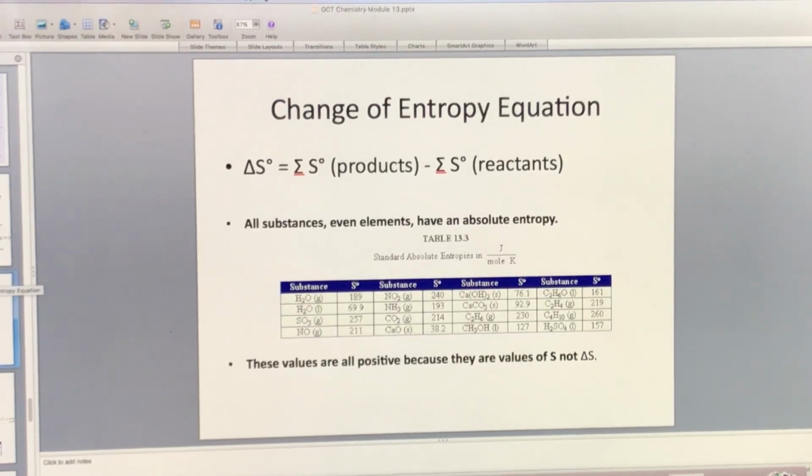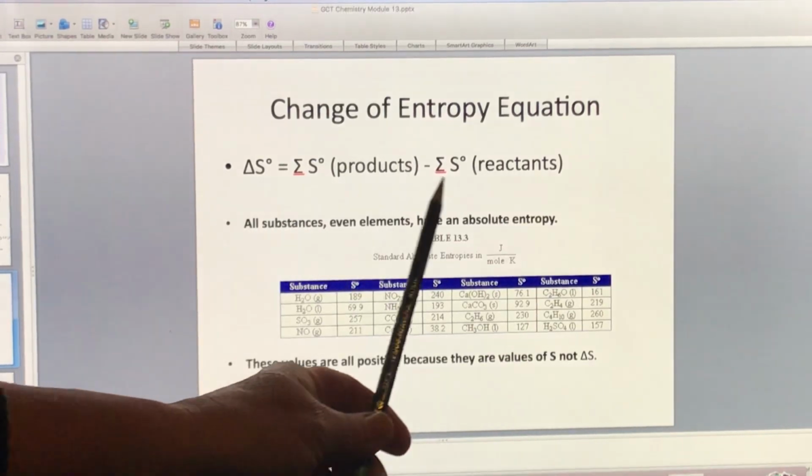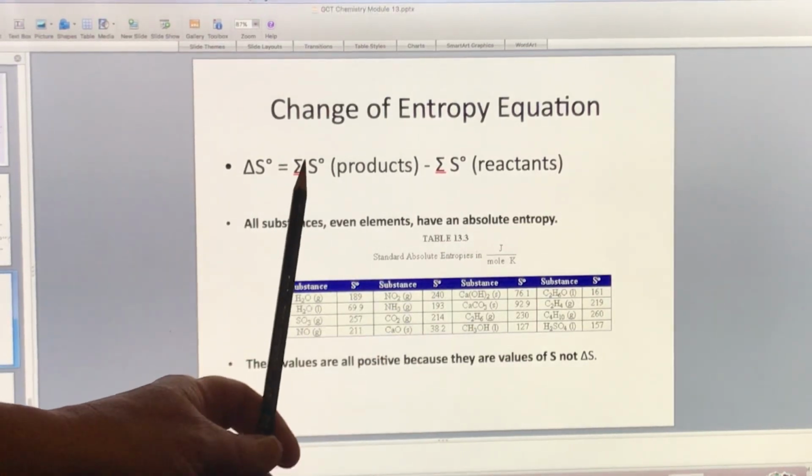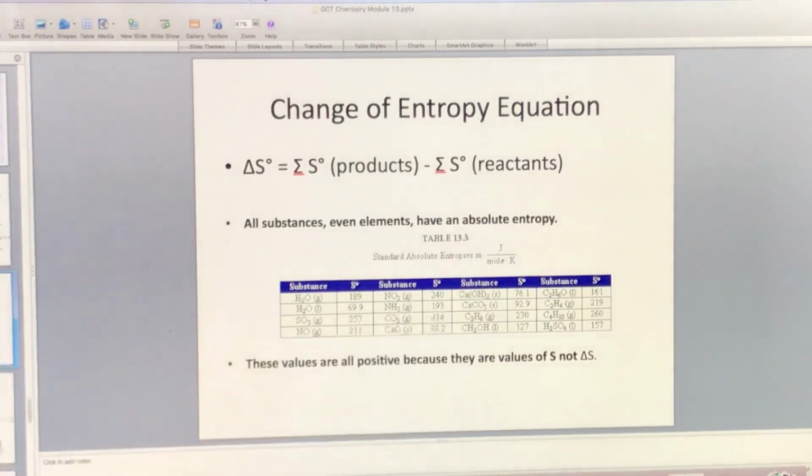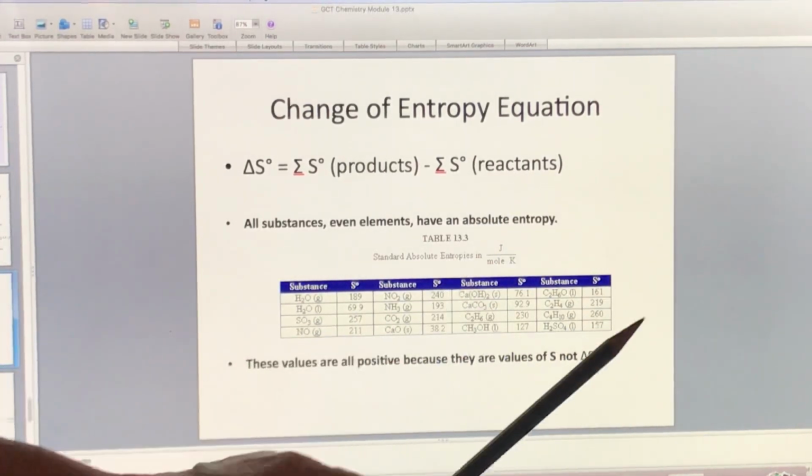All right, so we can apply some of the similar mathematical principles that we've been using earlier in the chapter to quantitate this change of entropy, and we can use it in this equation here, the delta S being the sum of the entropy of the products minus the sum of the entropy of the reactants.